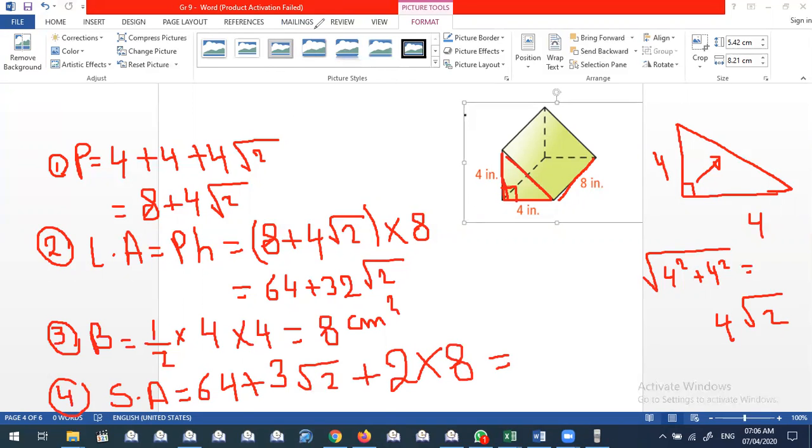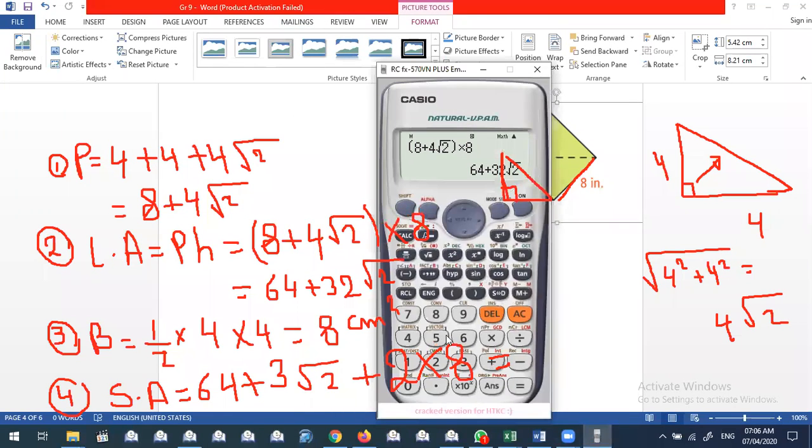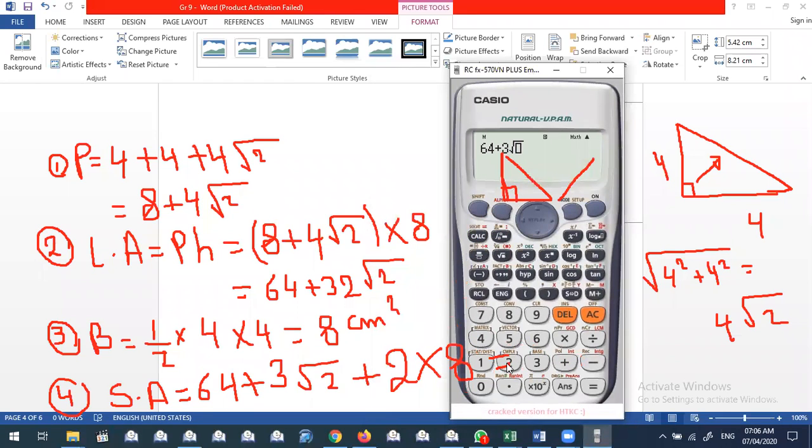So let's find the answer. 64 plus 32 square root 2 plus 2 times 8.